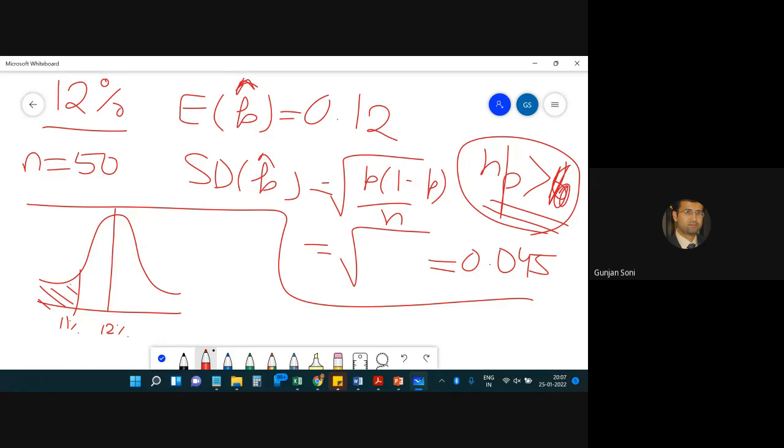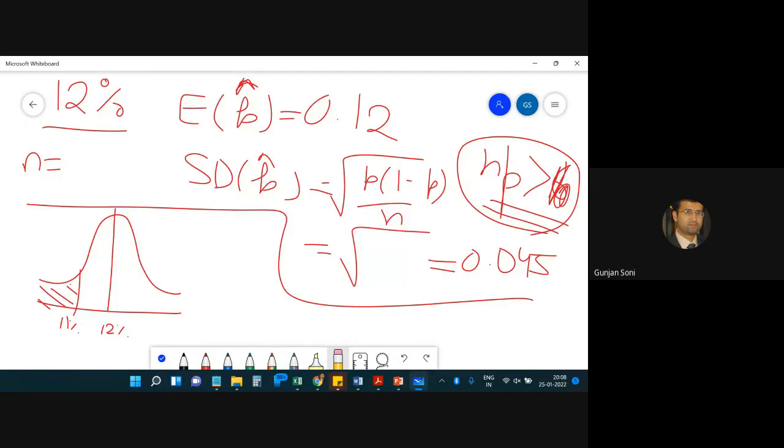How much should our sample size be? Should we make it 80? If the sample size is 80, we'll be able to approximate it with the normal distribution. Yes, sir, because it will be around 9.6, around 10. So let's make it 90 only. Make it 100. That will be easier for us to calculate.